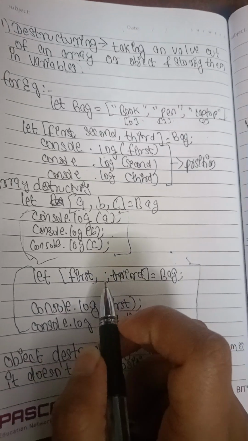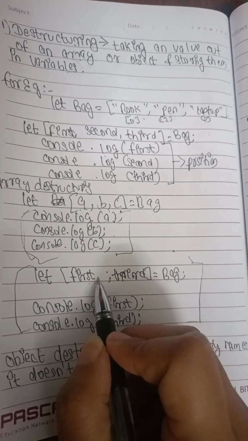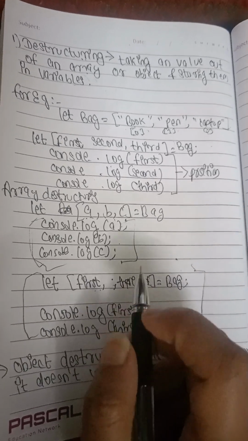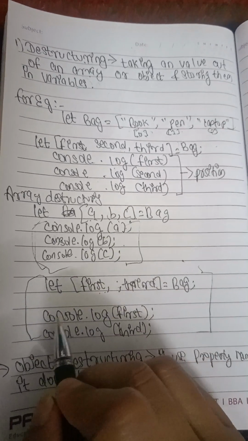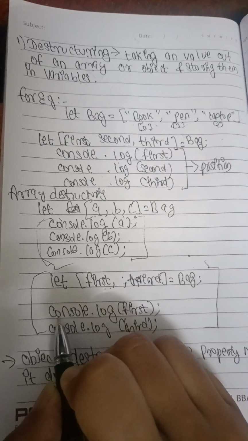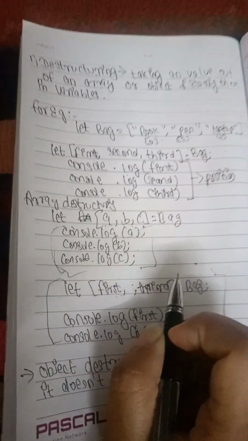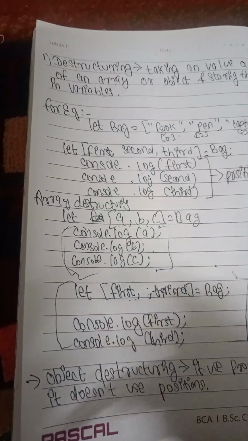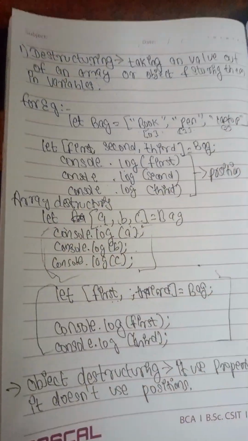If you want to skip the second one, you can simply leave the space with a comma, and then you are good to go. You just need to print the first and third, and it is going to print our book and laptop. So this is how skipping a value works.